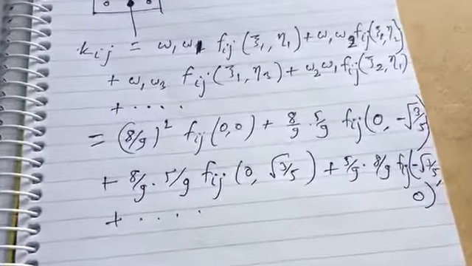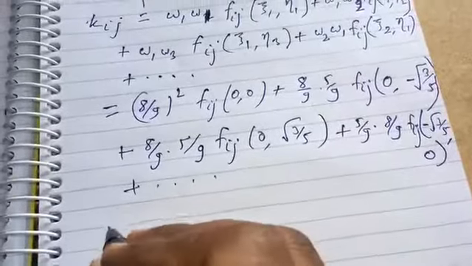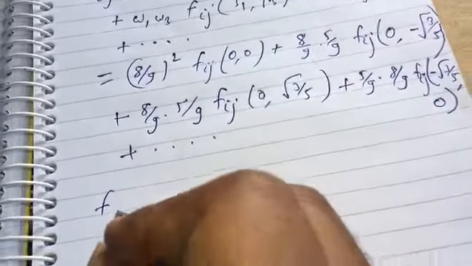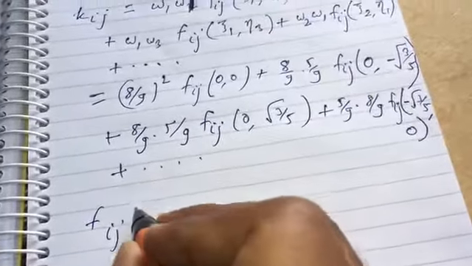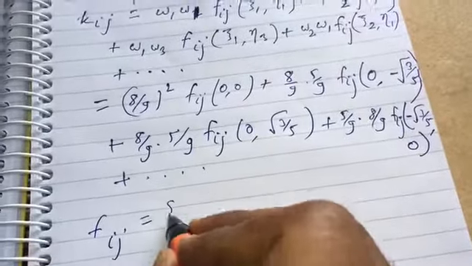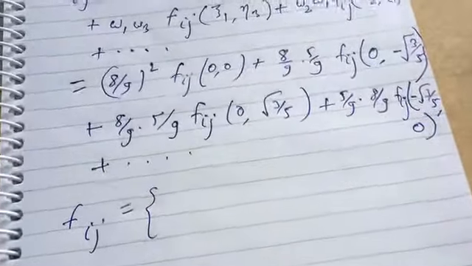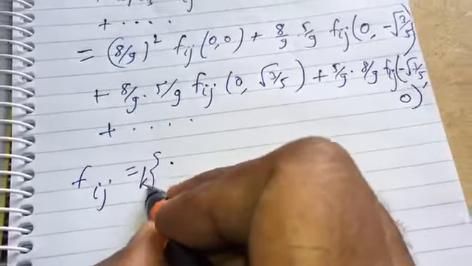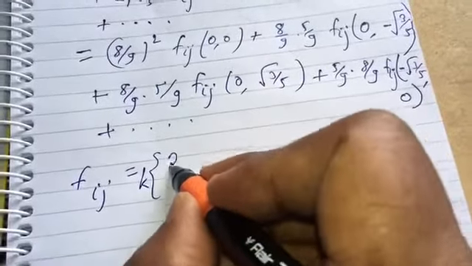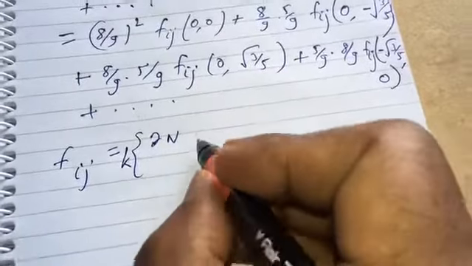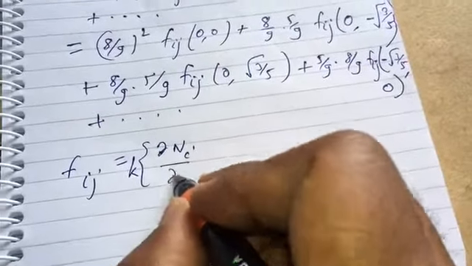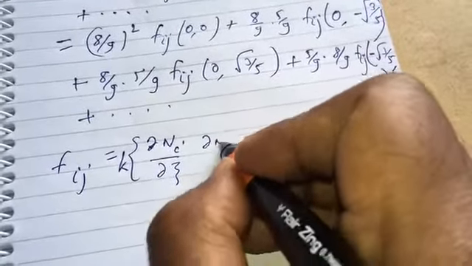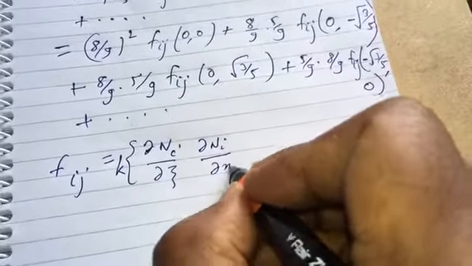Not to forget, here Fij is equal to we have k here, small k, multiplied by del n i del xi, del n i del eta.